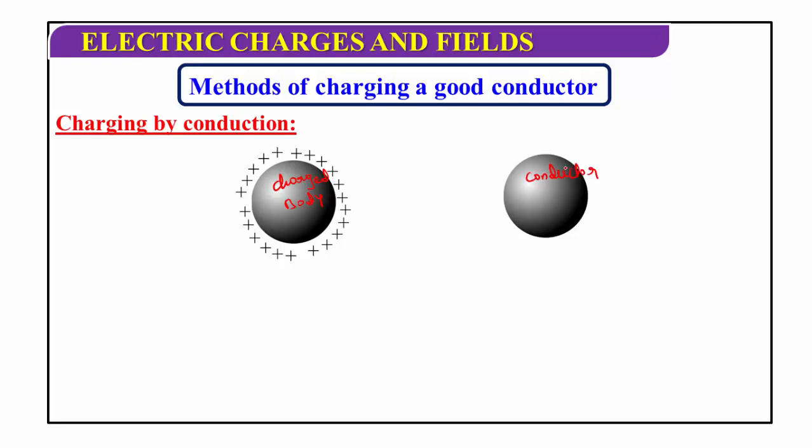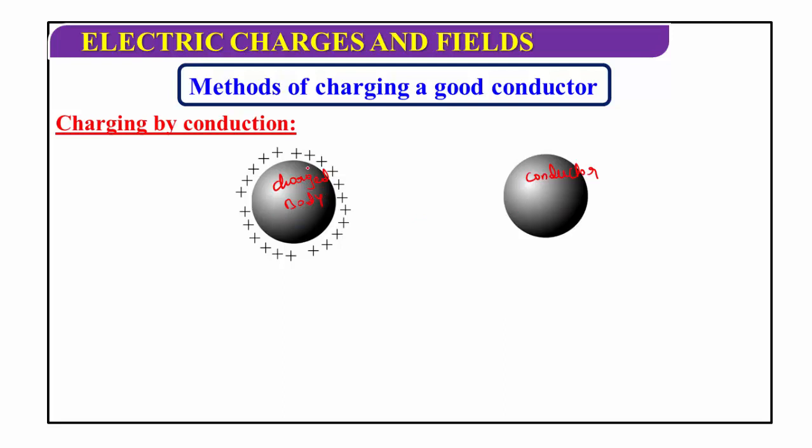Charging by conduction: how do we define this? It is the process of charging in which a good conductor is touched with a charged body, then it is called charging by conduction.